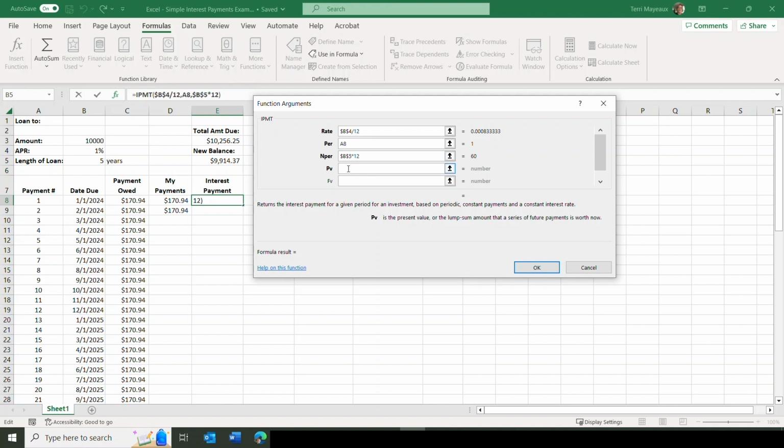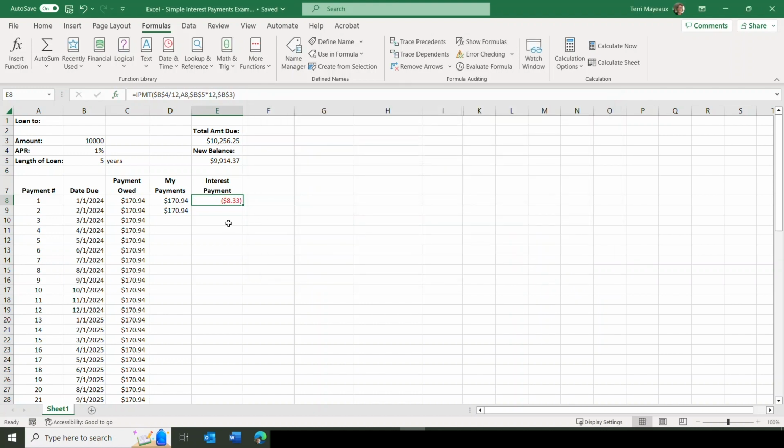And then for the present value, that is simply the amount that we borrowed. So that is B3. And again, I only want to put in those dollar signs. Now I could type in the 10,000, but I like to be consistent and use cell references. We'll click OK in the lower right.